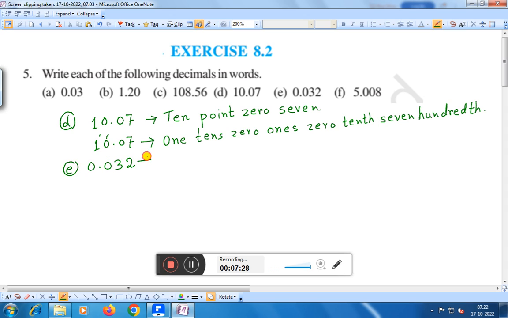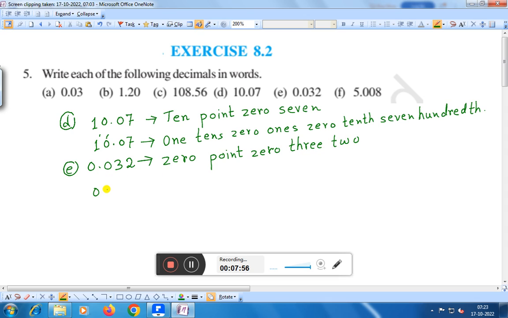Question number E is 0.032. We will write in two methods, that is 0 point 0 3 2.